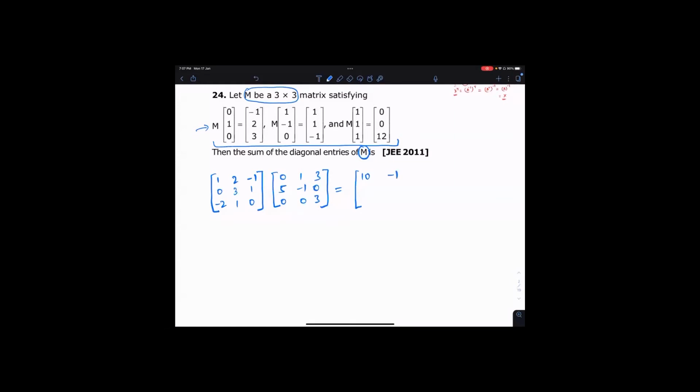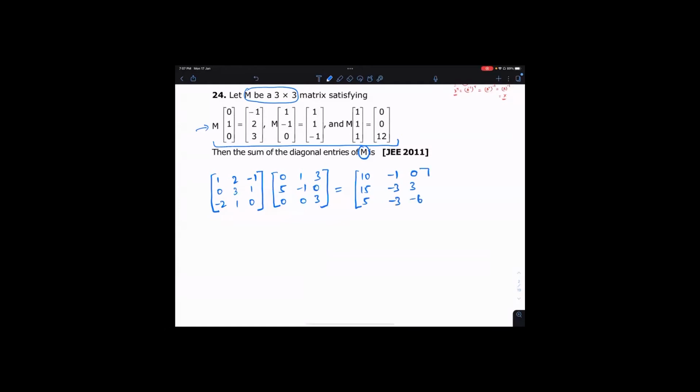Next, 3 plus 0 minus 3, 0. Next is 0, 15, 15. 0 minus 3. Next, this row and third column, 0, 0, 3. 5, minus 2, minus 1, minus 3, minus 6, 0.